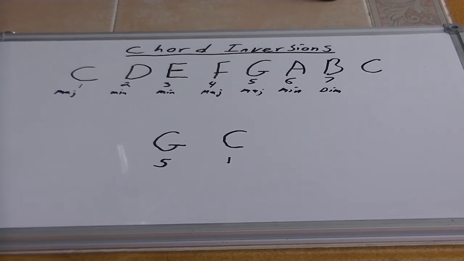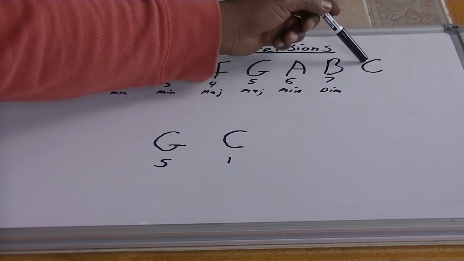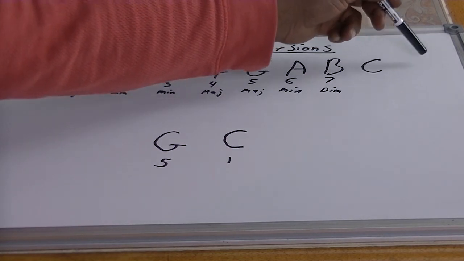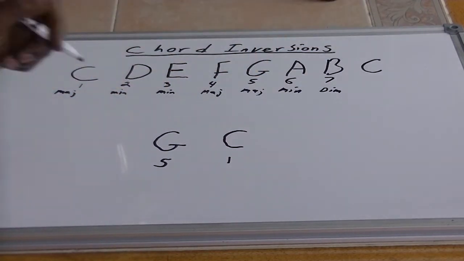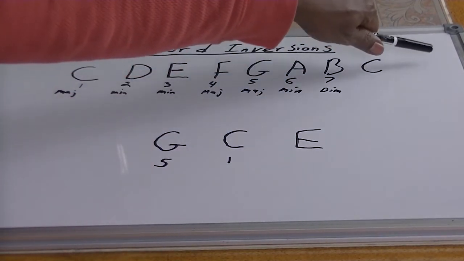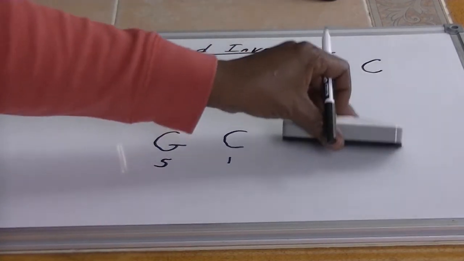And finally, we still need the E note. However, we're at the C note here. So what we need to do is proceed upward in pitch until we come to the E note. So now we have the E note that's beyond the C. It's higher in pitch than the C note.